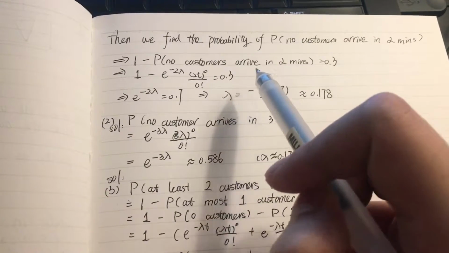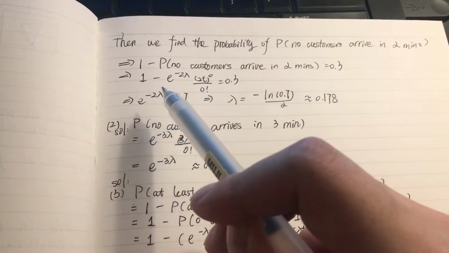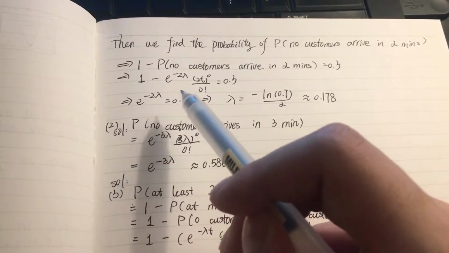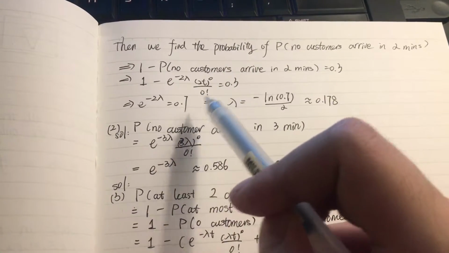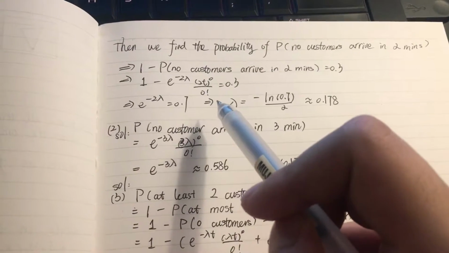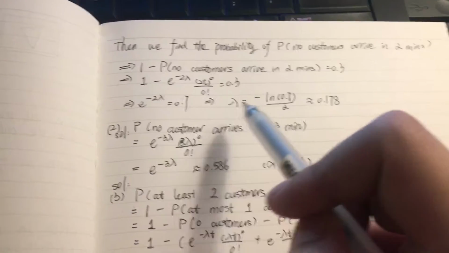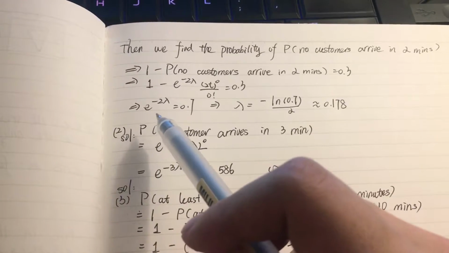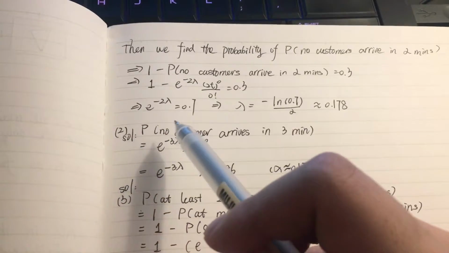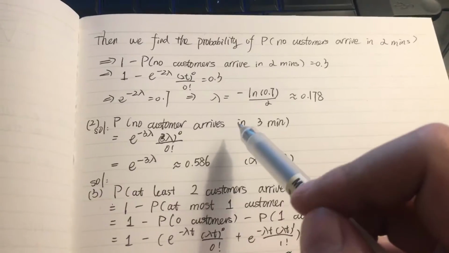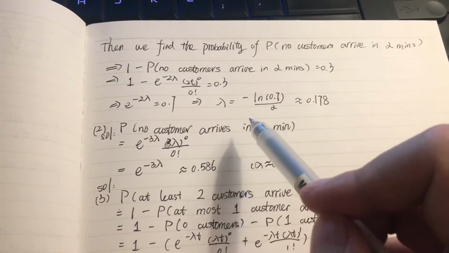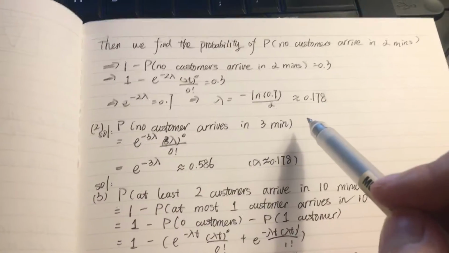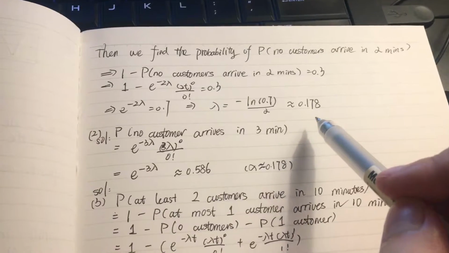So rewrite this equation as 1 minus e to the degree of minus 2 lambda times 2 lambda to the degree of 0 divided by 0 factorial equals 0.3. We can easily get e to the degree of minus 2 lambda equals 0.7. So lambda should be equal to minus ln 0.7 divided by 2, which is approximately 0.178.